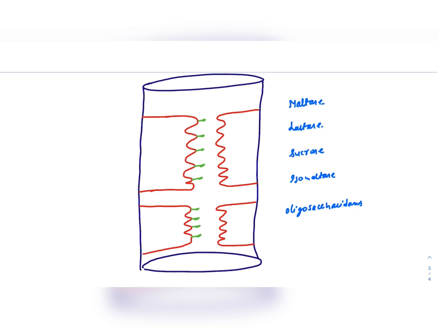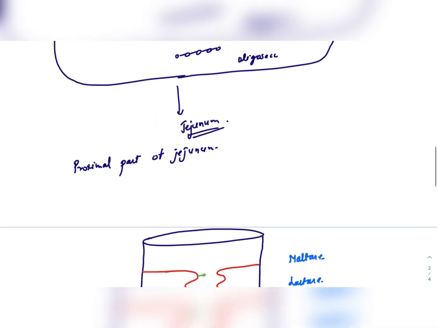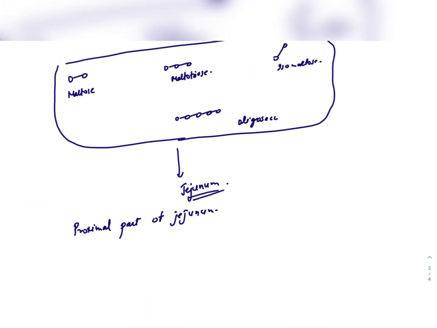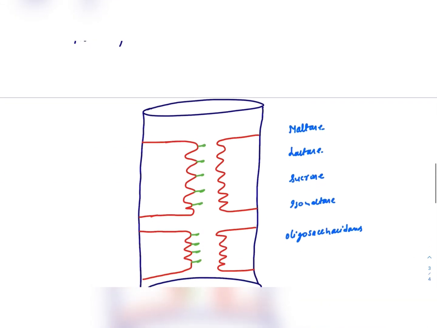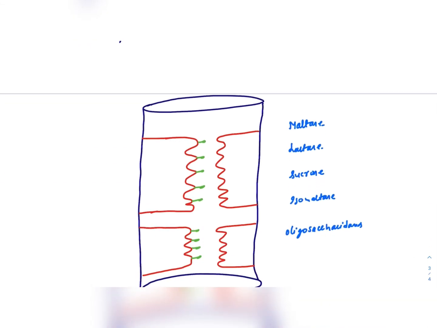These are special disaccharidases which are located in the apical part of the small intestinal cell. The products of digestion were maltose, maltotriose, isomaltose, and certain oligosaccharides. All these will be broken down into constituent monosaccharides in the presence of these disaccharidases.